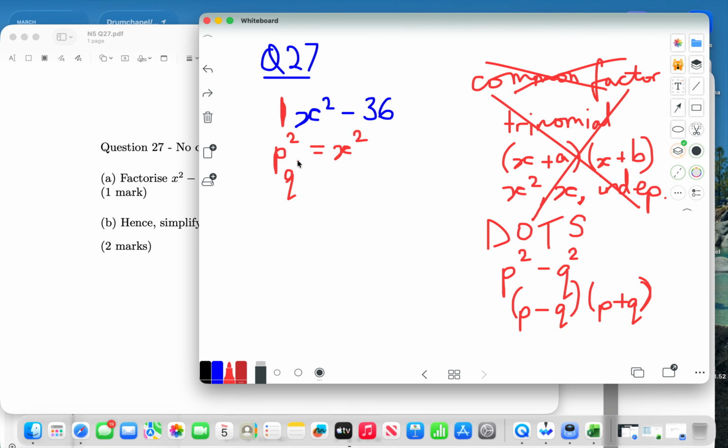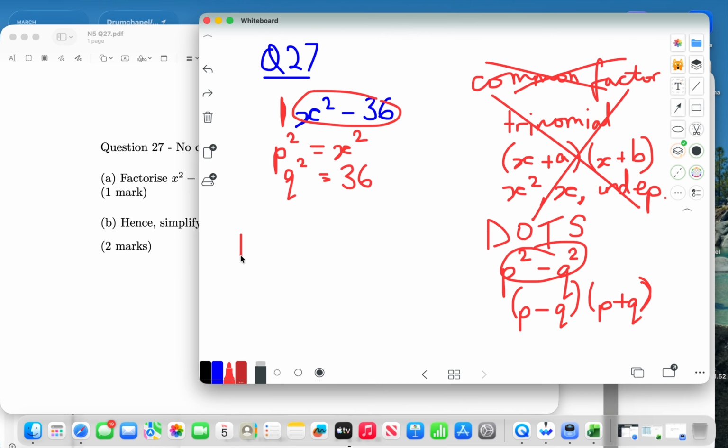And q squared is 36, not minus 36, because if you compare, both this and this have a minus or a negative sign. We're just going to stick with the positive p and q, and we're going to stick with x rather than minus x, because technically p can be x or minus x, but let's just stick with positive coefficients and positive numbers.